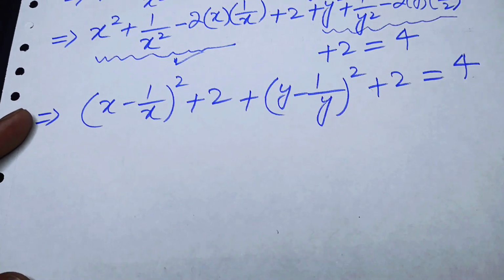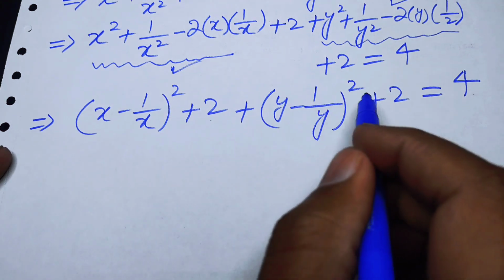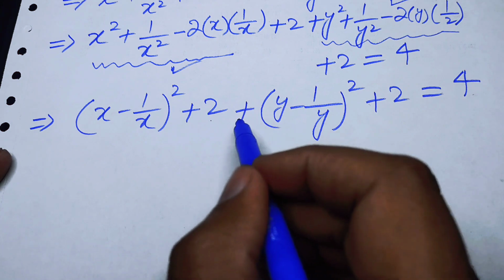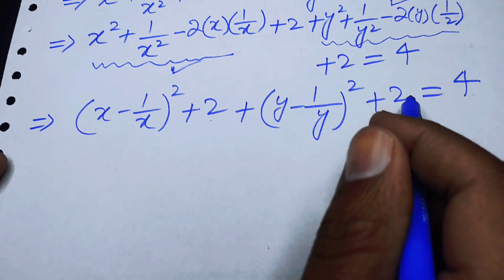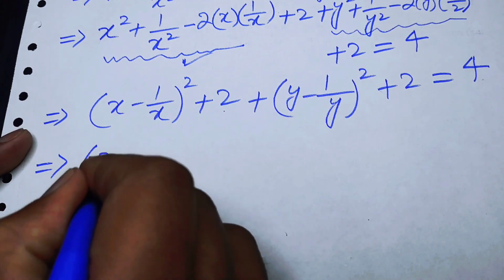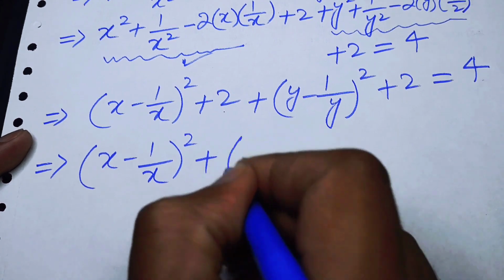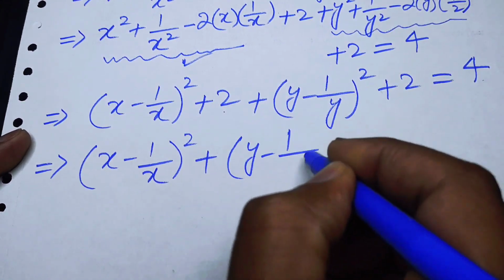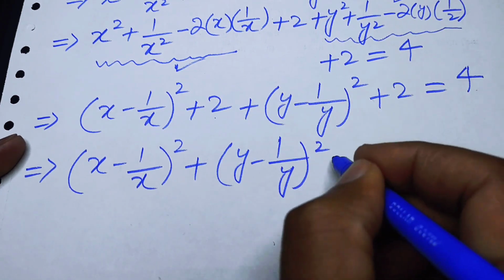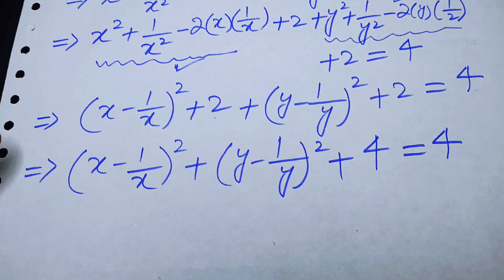Then on the left hand side we have plus 2 and plus 2, so it becomes plus 4, and when we take this plus 4 to the right hand side, it becomes minus 4. The expression becomes x minus 1 over x whole square plus y minus 1 over y whole square, and this plus 2 becomes plus 4, equal to 4.